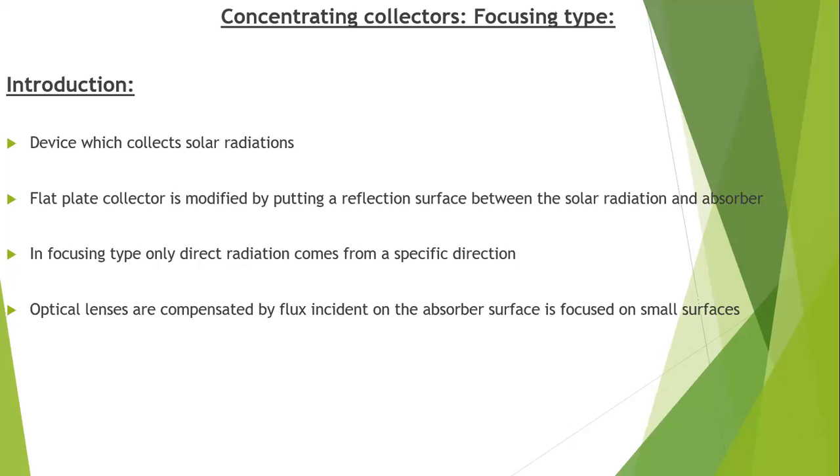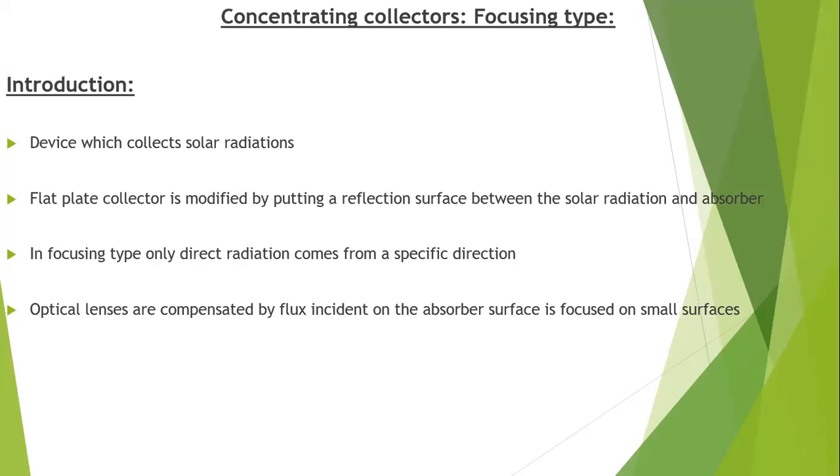This receiver collects all the solar radiation falling onto it and focuses it into one point. This increases the temperatures to about 500 to 5000 degrees Celsius or even more.